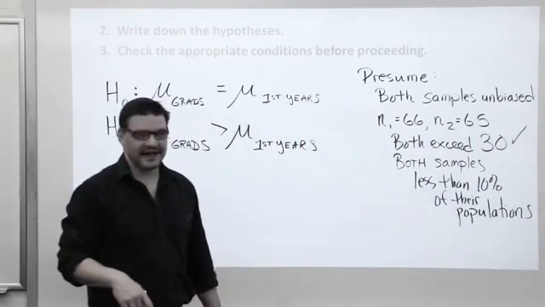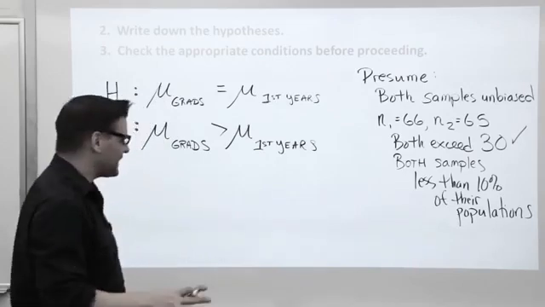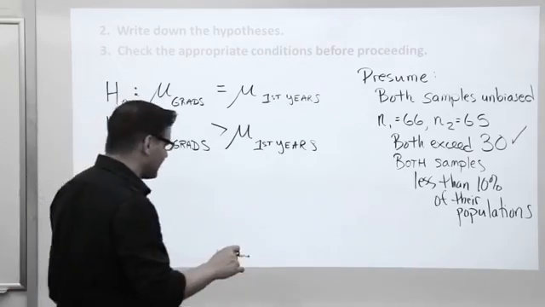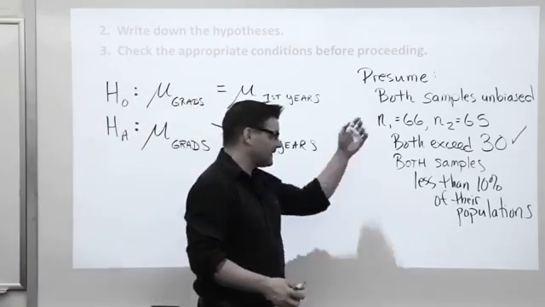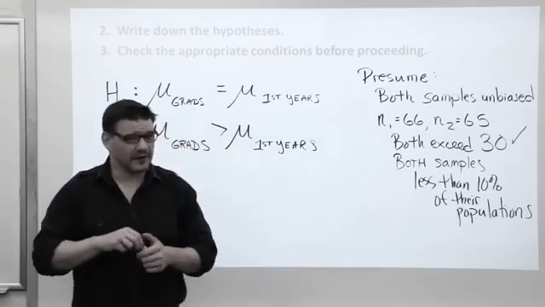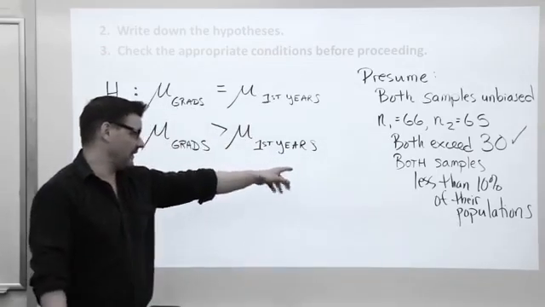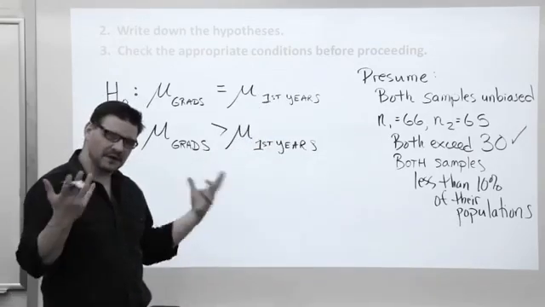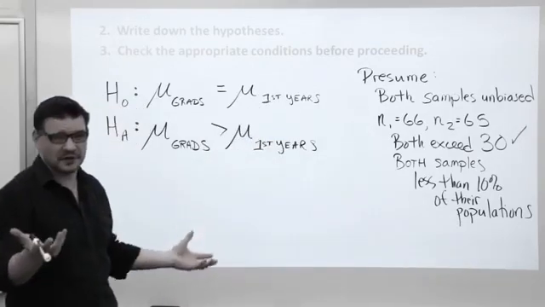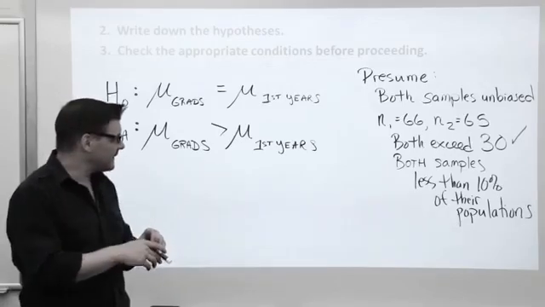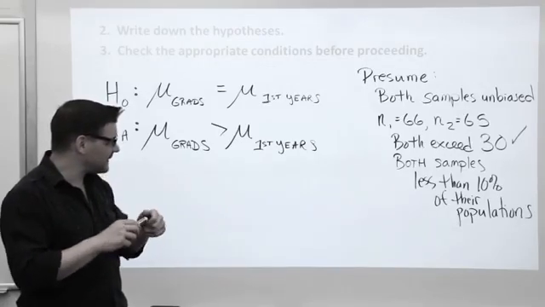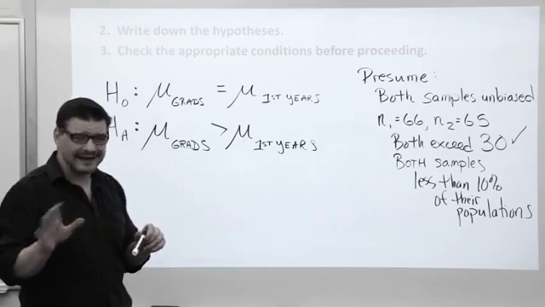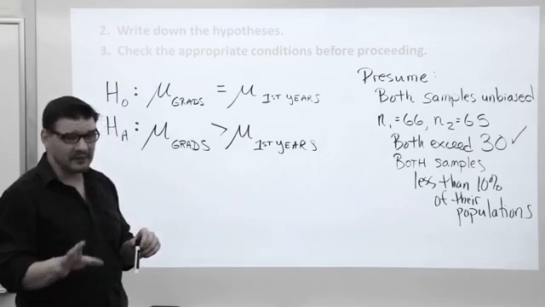If there's one condition I kind of sweep under the carpet, it's this 10% condition. I probably shouldn't say that on video, but in my opinion, more data is always better than less data. So I will just be willing to presume that those are less than their respective class sizes. And I'm also under the assumption that there's more students always coming to these schools. The reason we check that is for independence, and I'm not terribly concerned about that independence condition not being met.